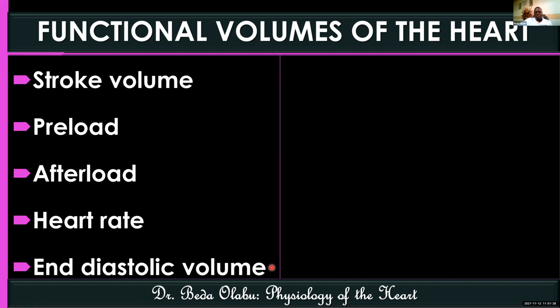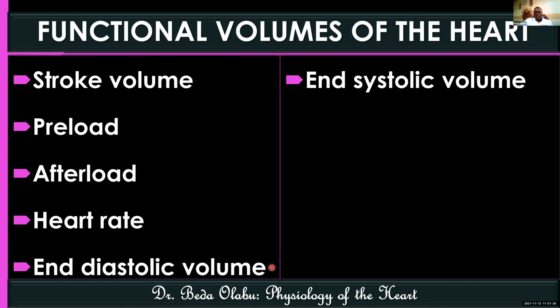Closer to that is the end systolic volume. End systolic volume is the volume of blood within either ventricle at the end of full contraction. The volume of blood within either ventricle at the end of systole.